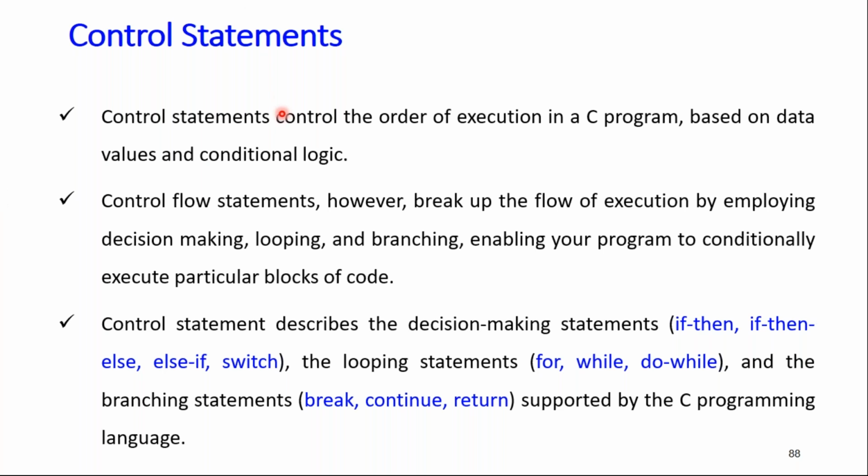Control statements control the order of execution in the C program based on data values and conditional logic. So these control statements will help to control the order of execution in a C program. If we have more statements, it is simply a waste of time to execute all the statements if we want only a particular part of the program to be executed.